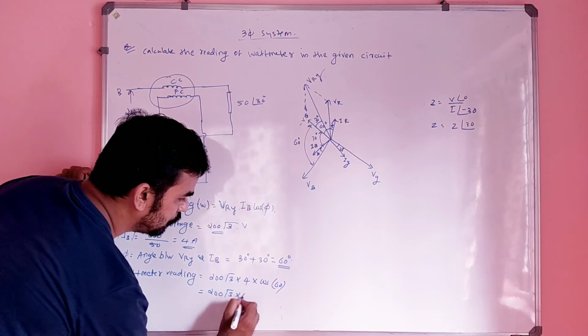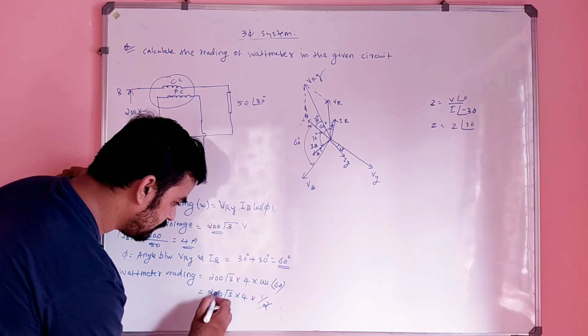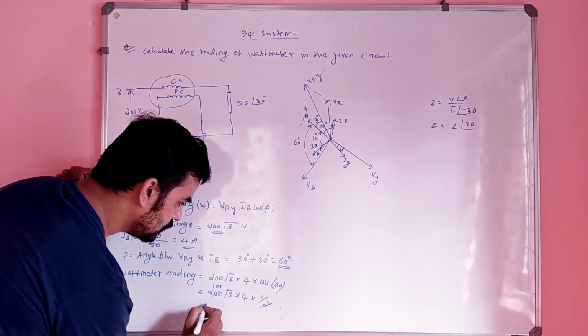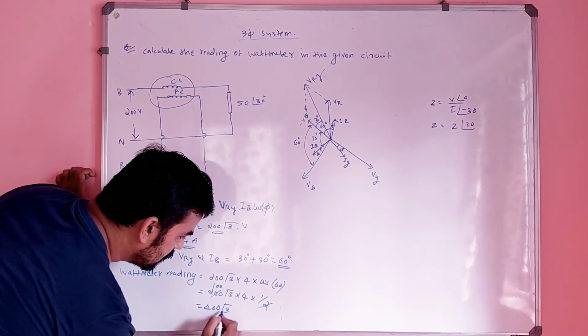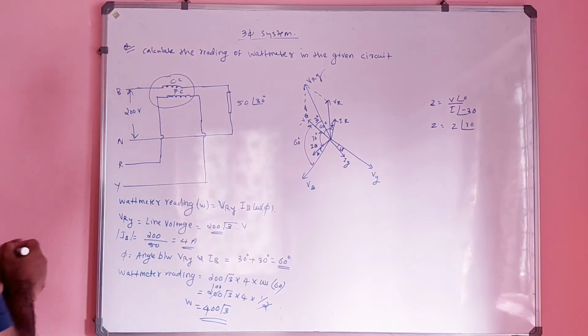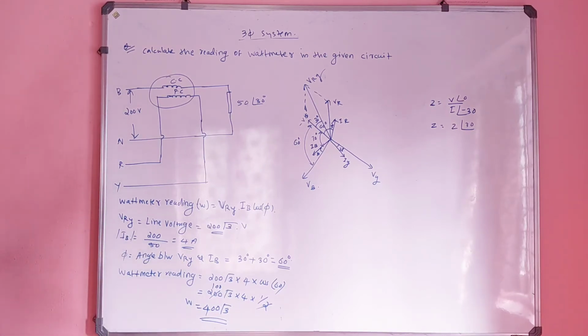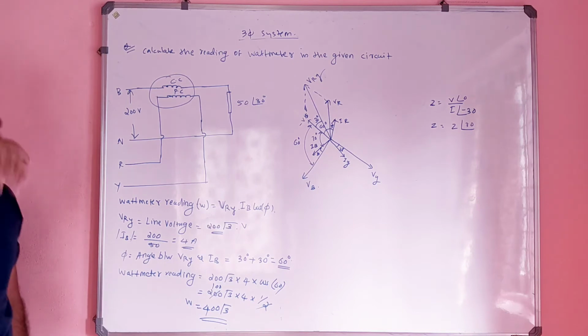Cos 60 is 1 by 2, right? So it will be 100. So the answer will be 400 root 3.